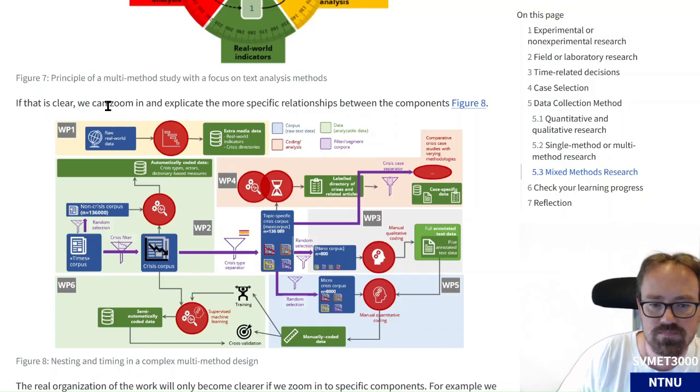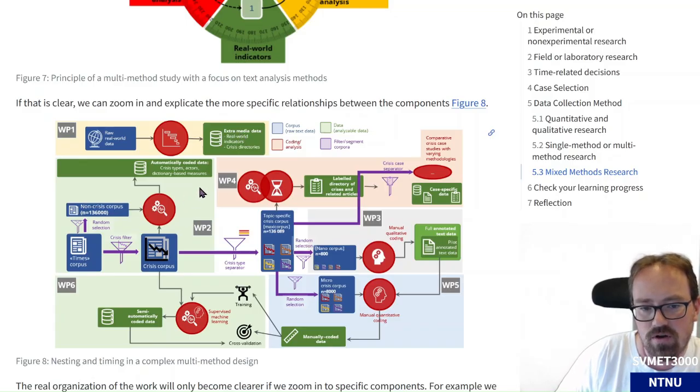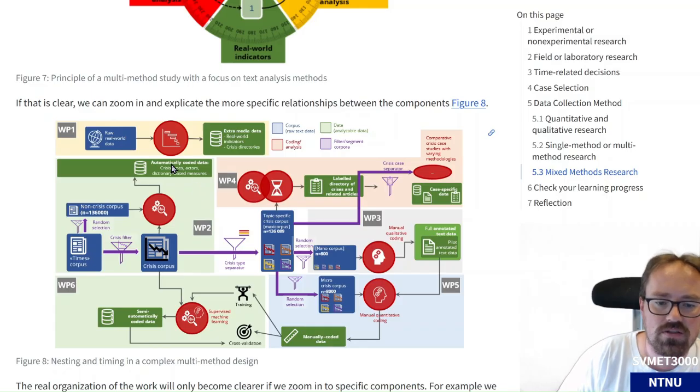For instance, relatively independently, we have the real world data, but in order to do the component where we identify specific crisis events, we need to complete this component where we subdivide the coverage into different topic areas, identify the actors, and so on.